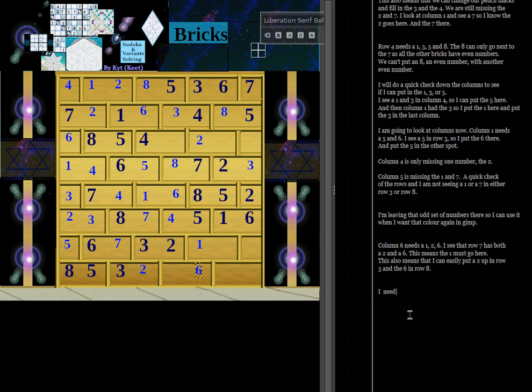I need in column 7 a 3, 4, and 7. Now I see a 1 in row 7, so I can put the 4 there.